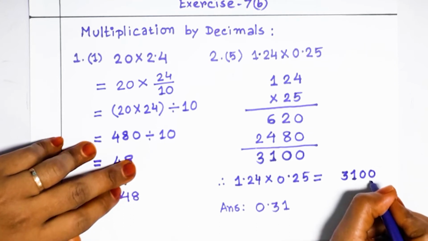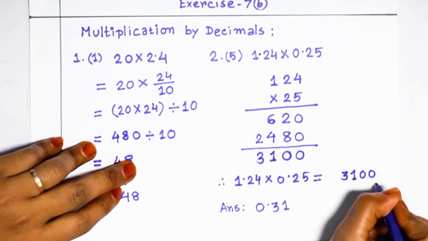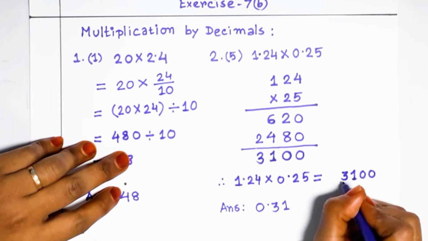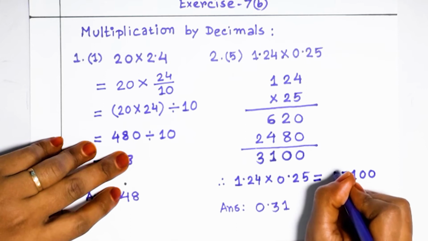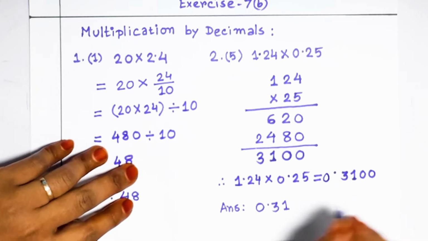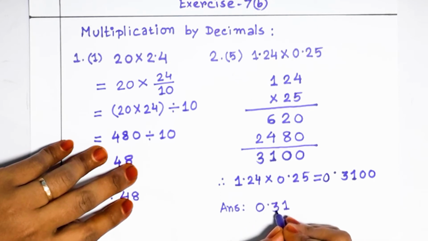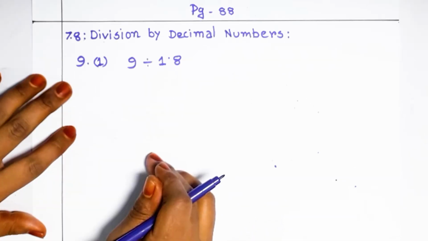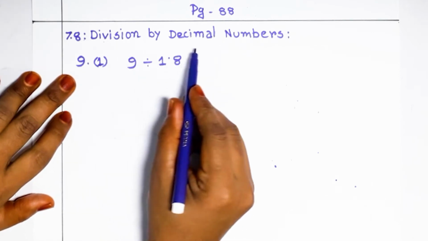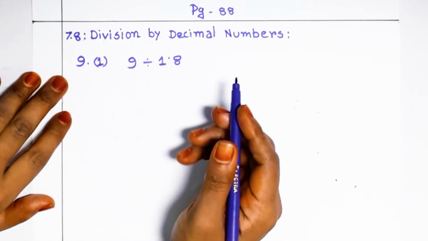So we count 4 digits from right to left. So 1, 2, 3, 4. Give here the decimal and write here the 0. So the answer will be 0.31. Now page 88. The topic is division by decimal numbers.